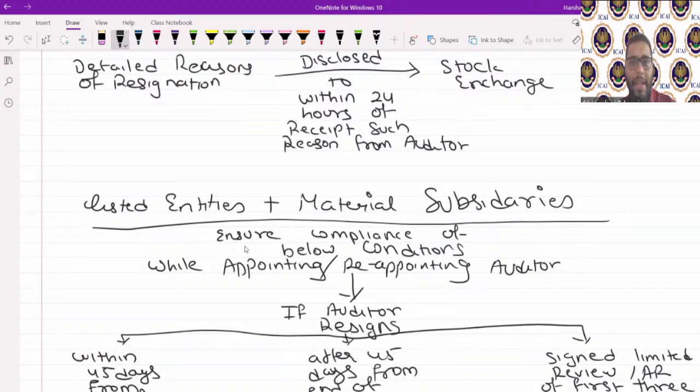Any doubt till now? Any doubt? Guys, please provide your feedback. It is very important for me and for us to understand whether you are liking the lectures and what additional things you want. Please provide your feedback so that we can deliver more appropriately and in a more comprehensive way, the way you want.